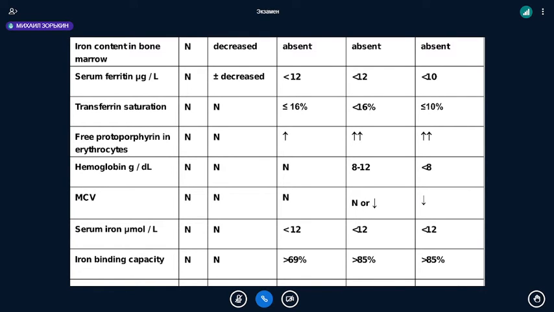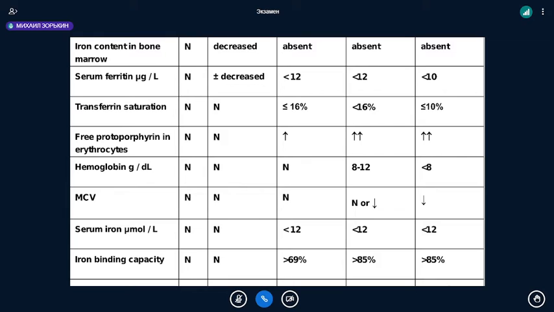Here they are, students. On this table, we can see the most specific findings for iron deficiency anemia. Four stages: prelatent, latent, early, and late iron deficiency. Of course, different mechanisms are associated with each stage, considering the predominant causes: decreased iron supply, or maybe combined, when the decreased supply is combined with increased iron demand.